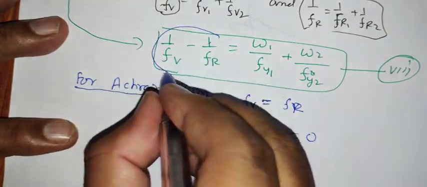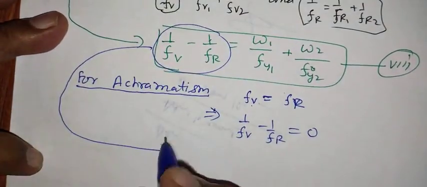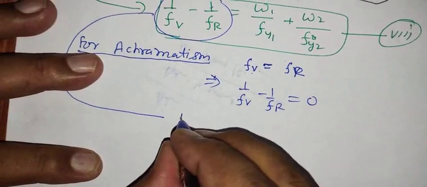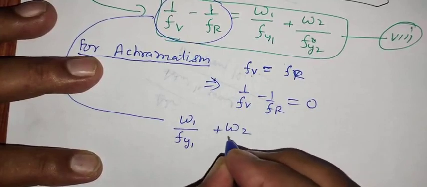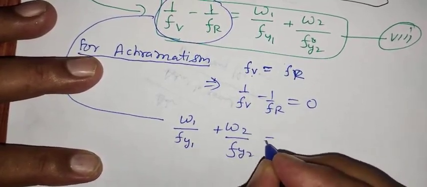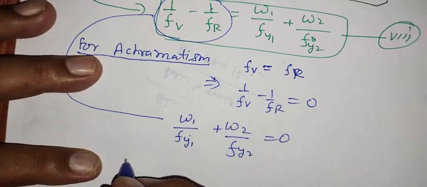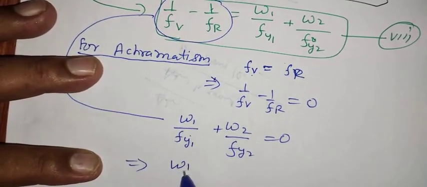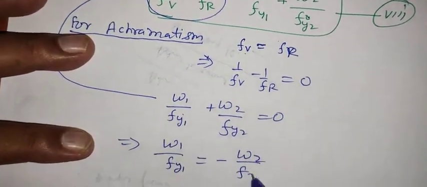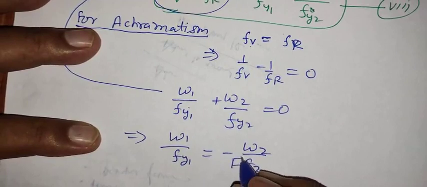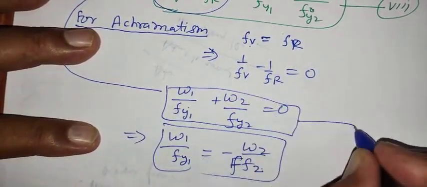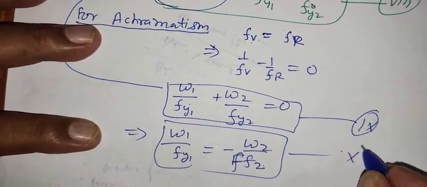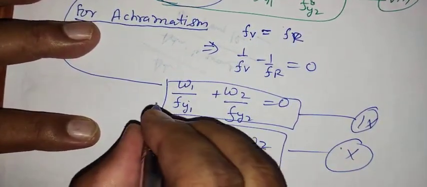So if this total factor is 0, then equation 8 can be written as omega 1 by fy1 plus omega 2 by fy2 is equal to 0. This expression can also be written in this form: omega 1 upon fy1 is equal to minus omega 2 by fy2. Both of these equations, 9 and 10, are called the condition of achromatism.